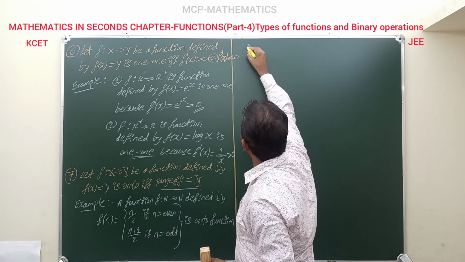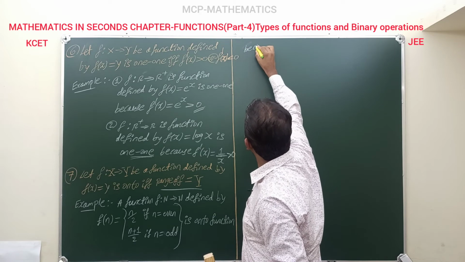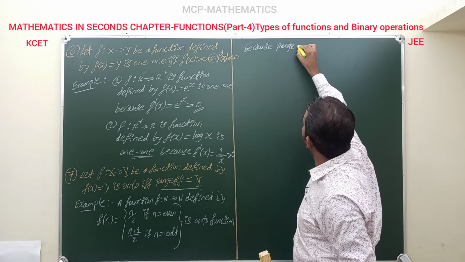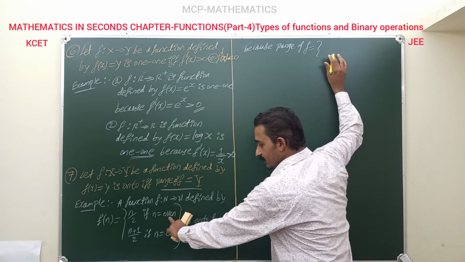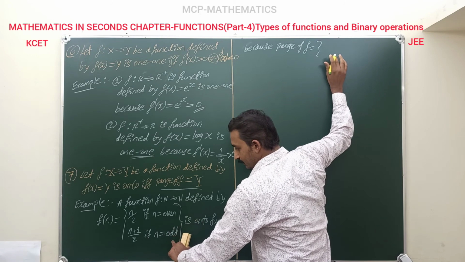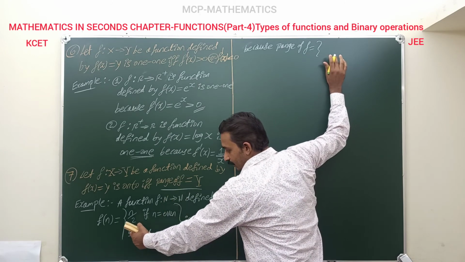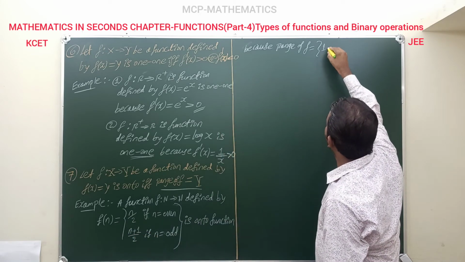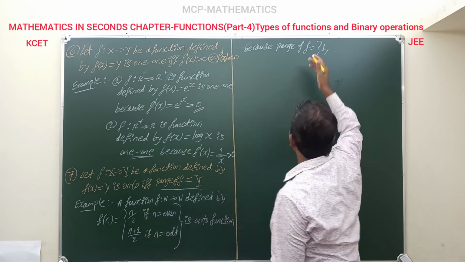So the range of f: if n is equal to 1, which is odd, using the formula 1 plus 1 by 2 gives 1. If n is 2, 2 by 2 is once again 1.